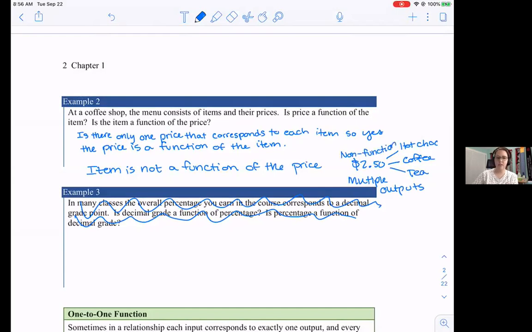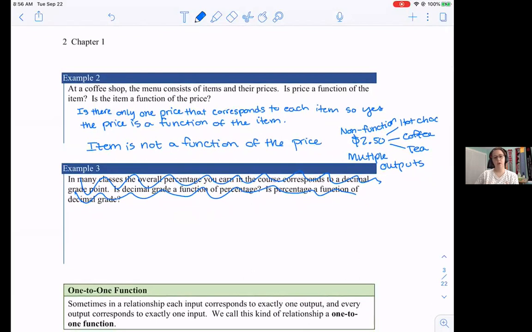Are either of them one-to-one? Nope, because the height maps to multiple ages, though age maps to a single height, so it doesn't work both ways. It has to work both ways for it to be one-to-one. None of the above examples are one-to-one.